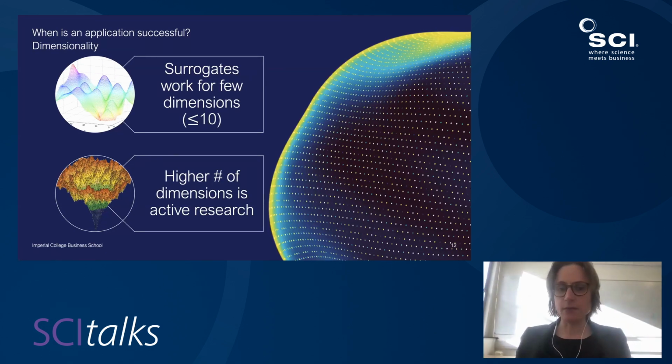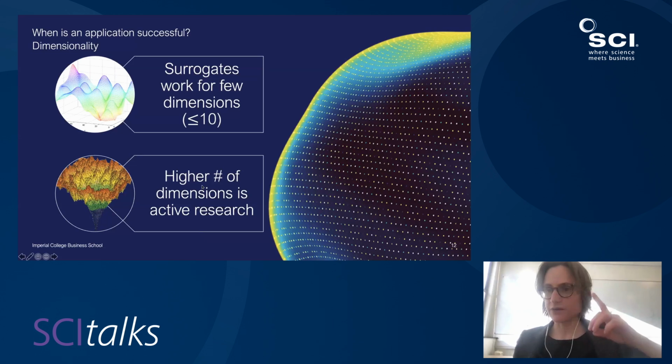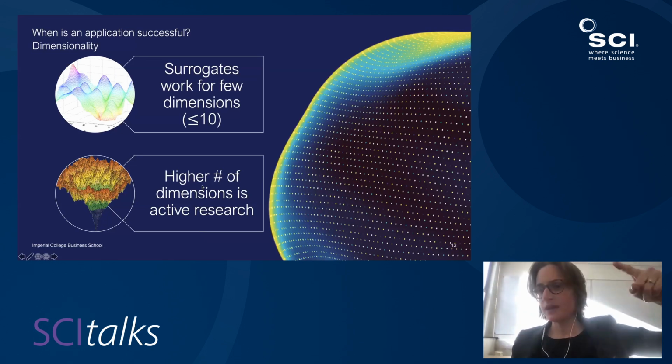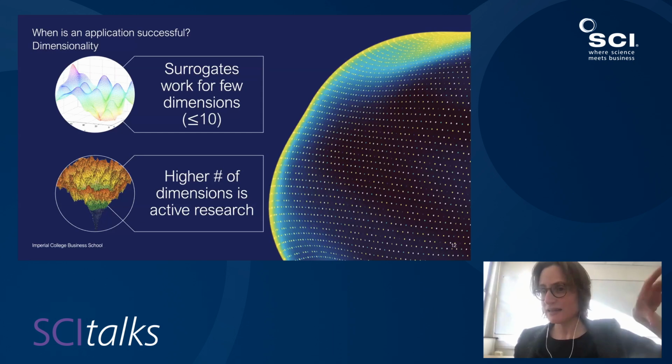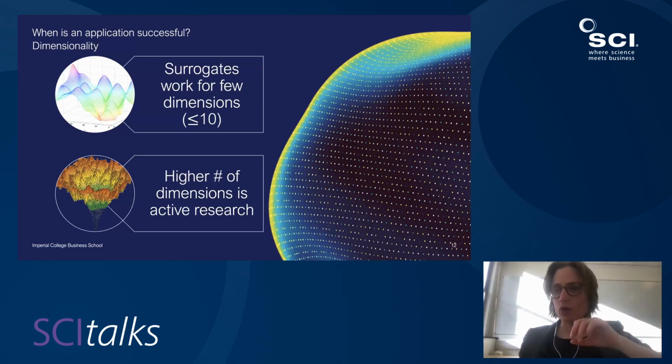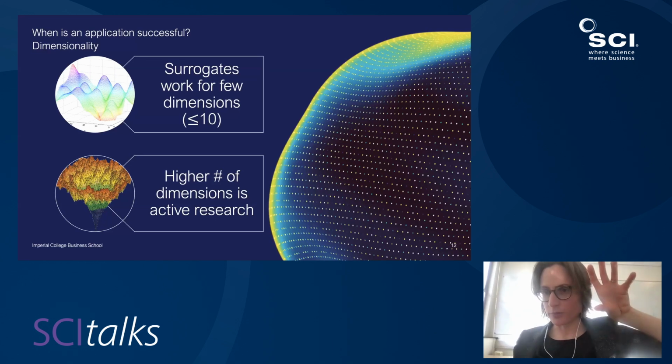But my overarching understanding of most of this research is that people interested in going to a higher number of dimensions often end up finding some sort of lower-dimensional latent space embedding, or they end up finding some smaller problem within the bigger problem.